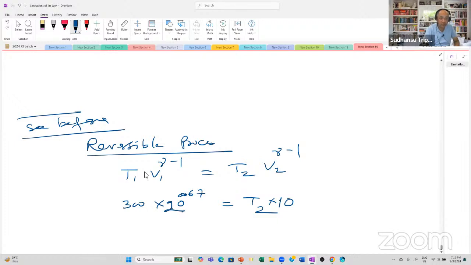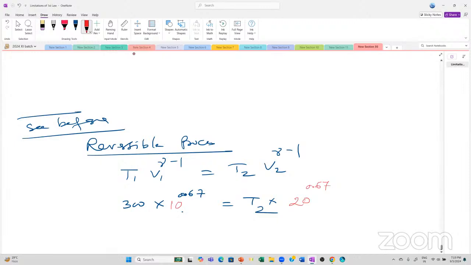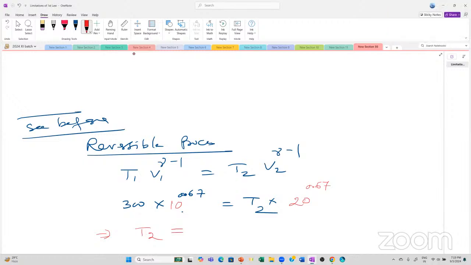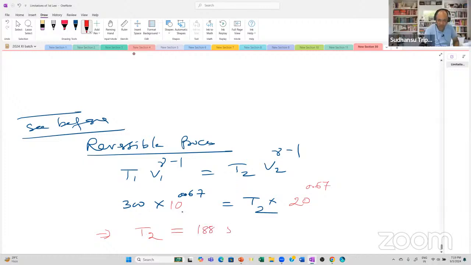So it is expansion, 10 to 20. Am I correct? Yes, sir. So you find out what is T2. The adiabatic gas laws are applicable for reversible process, not for irreversible. So T2 you are getting 188.5 Kelvin.